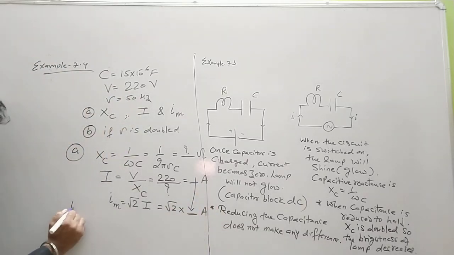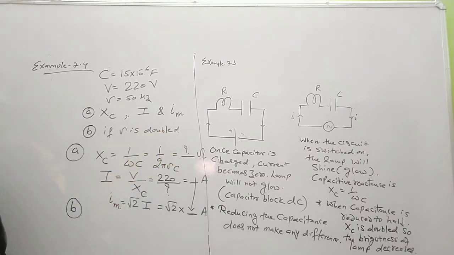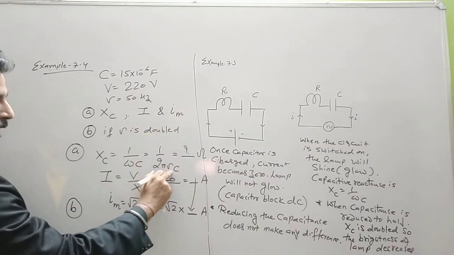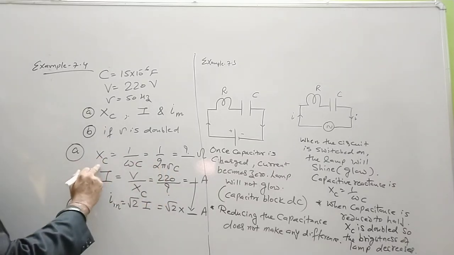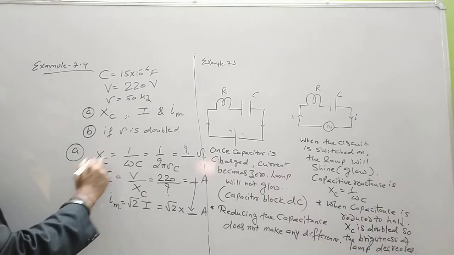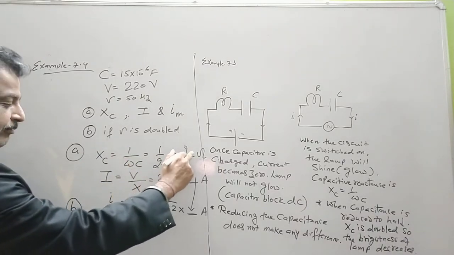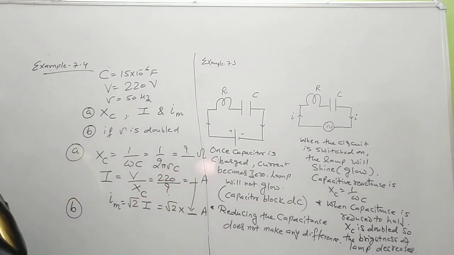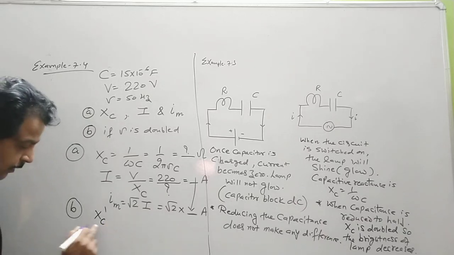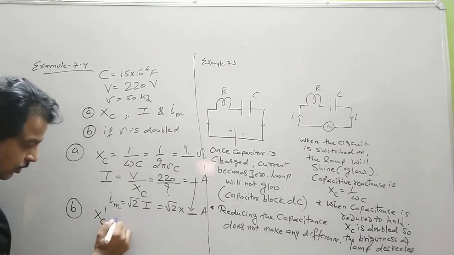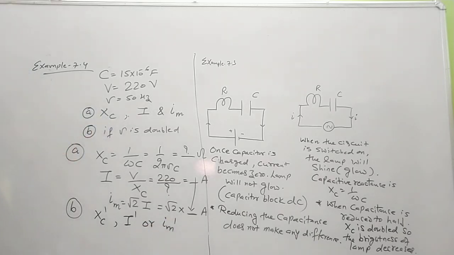In the second case, the frequency is doubled. If nu is doubled, the capacitive reactance will become half, and if it becomes half, I and Im will be doubled. So you can find either the new value Xc dash, I dash, or Im dash.